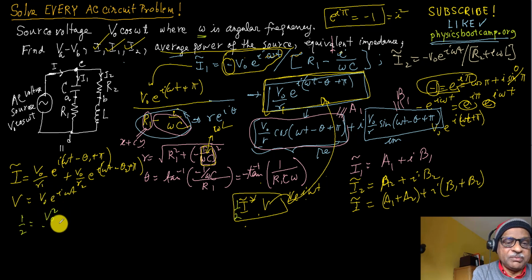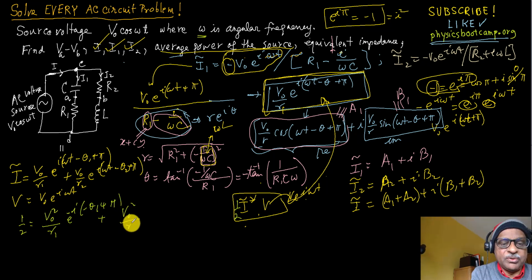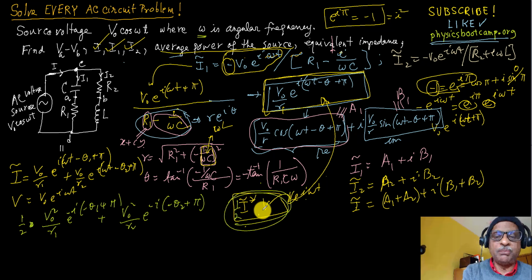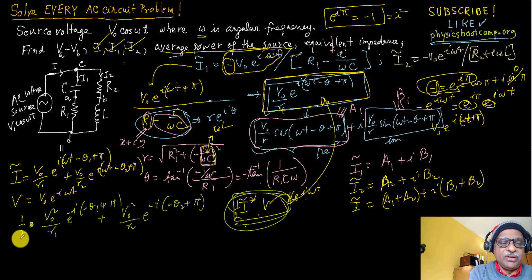V0 will multiply all of them: V0 square over R1 e to the power I minus theta 1 plus pi, plus V0 square over R2 e to the power I minus theta 2 plus pi. So the complex power will be obtained using this. The real part of this will give you the real average power.